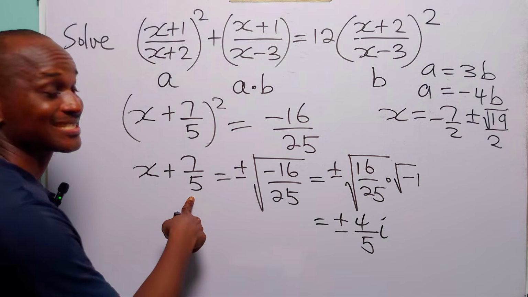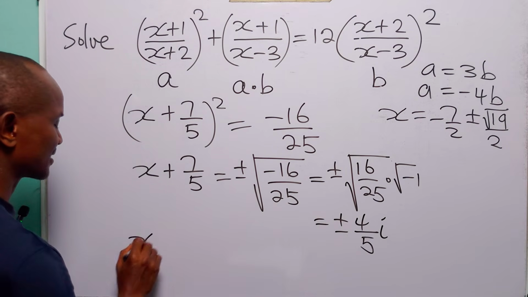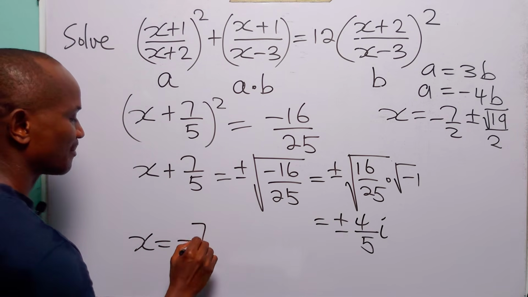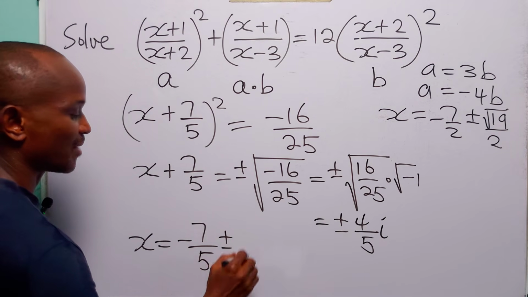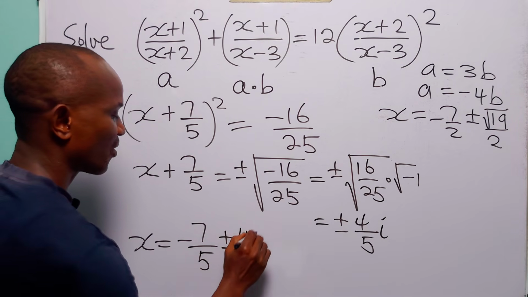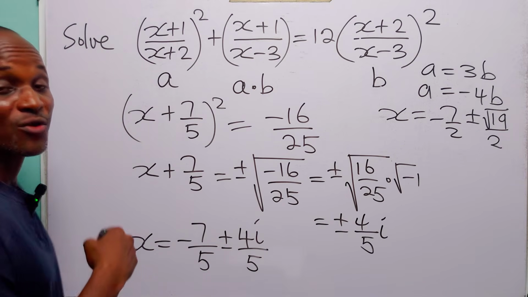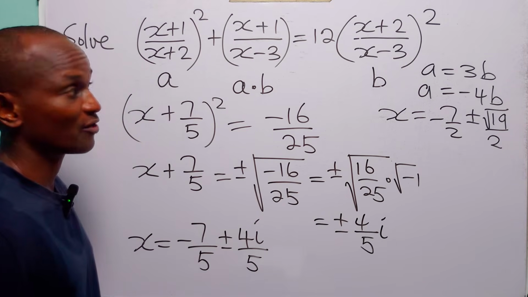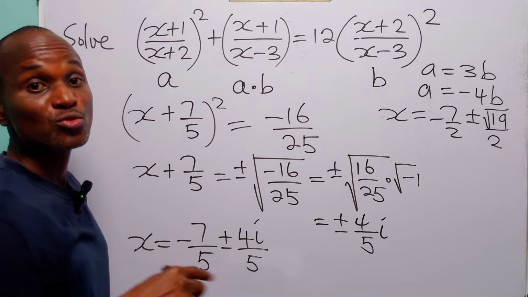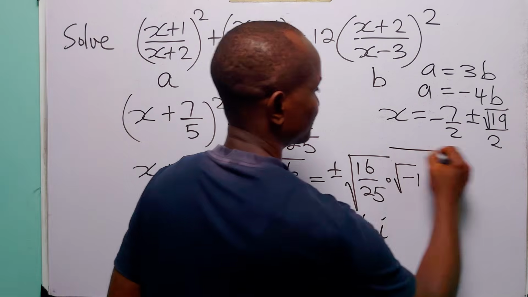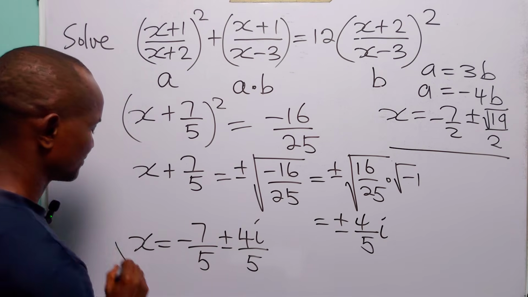Now, when we subtract 7 over 5 from both sides of this equation, we have that x is equal to minus 7 over 5 plus or minus 4i over 5. So finally, we have all 4 values of x that satisfy this equation. We have 2 real values and we have 2 complex values.